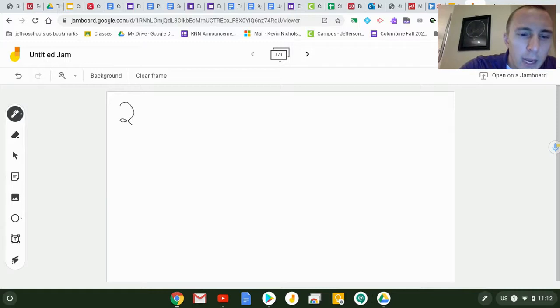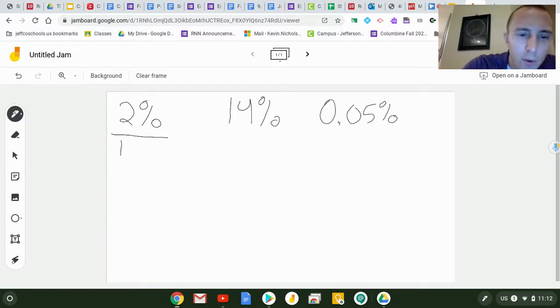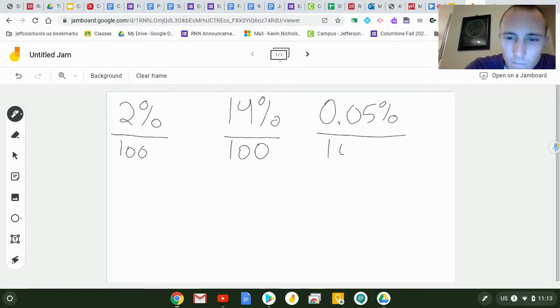So if we remember correctly, we had 2% of our population that drove red Ford Mustangs, 14% of our population work at manufacturing plants, and 0.05% own those men's Ariat size 9 boots. So first things first, we have to divide each of these by 100, and that's going to give us a decimal value.